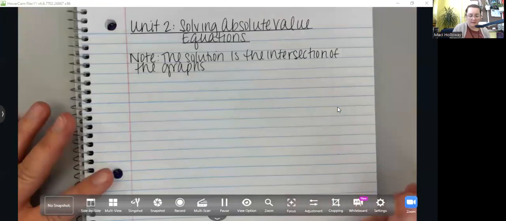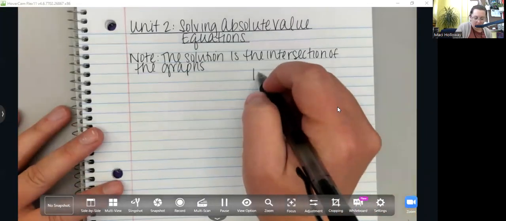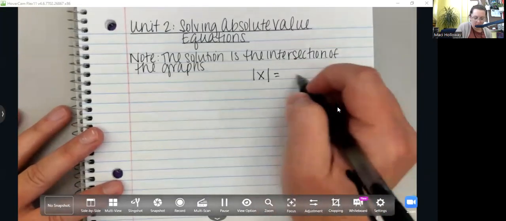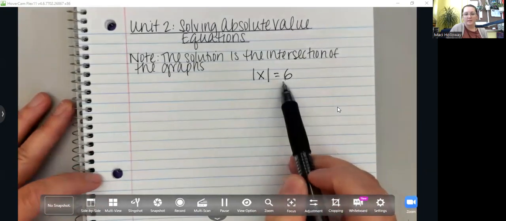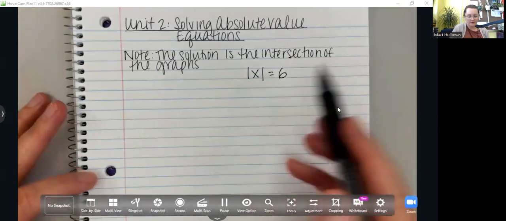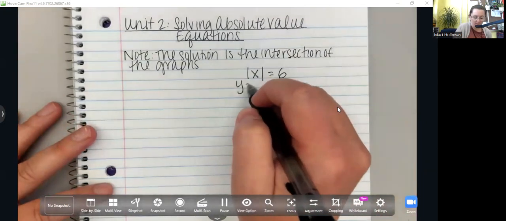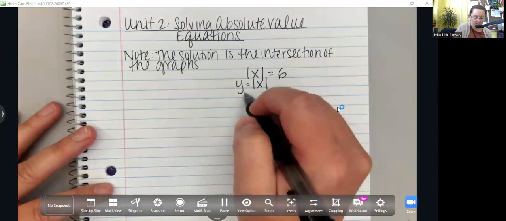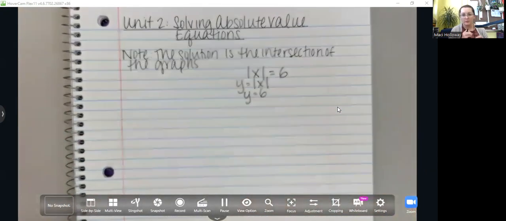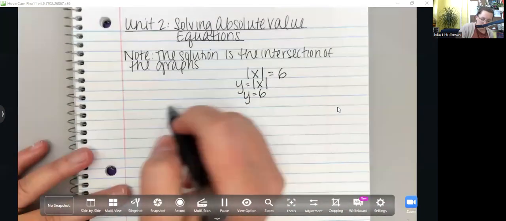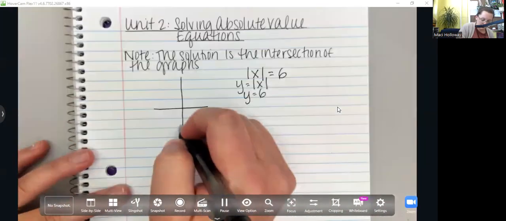So you can always think, if I have the absolute value of x equals 6, then the answer to this is the intersection of the graphs. Think about it this way: y equals the absolute value of x and y equals 6. Where these two functions cross is the answer to the equation.